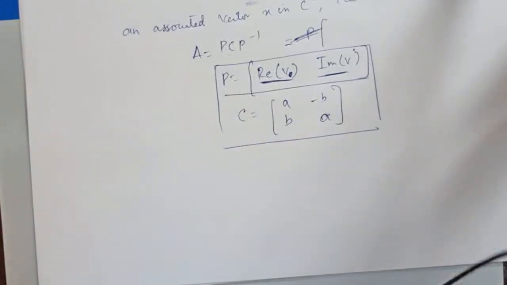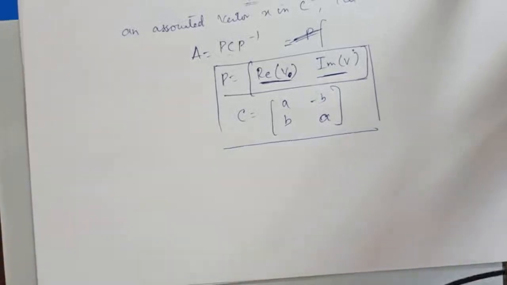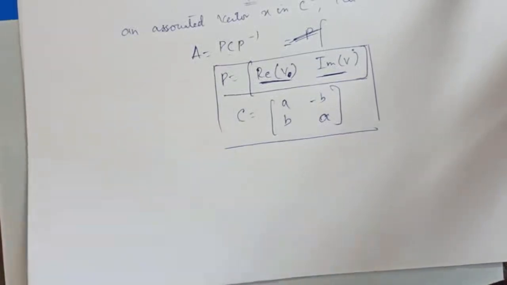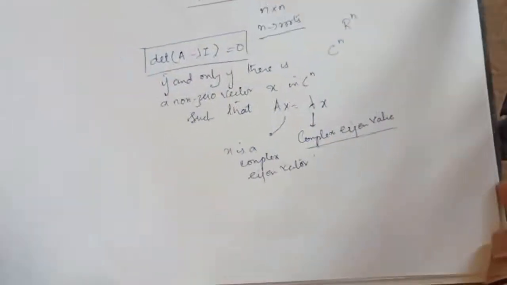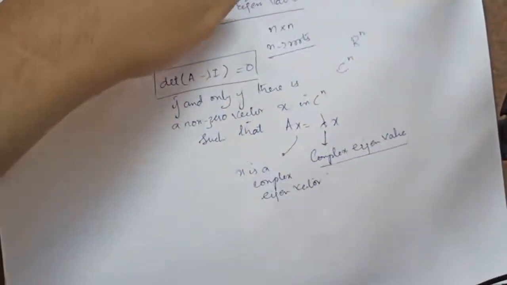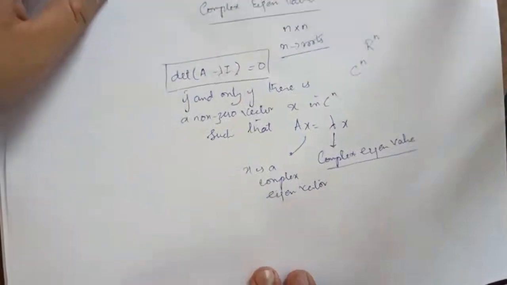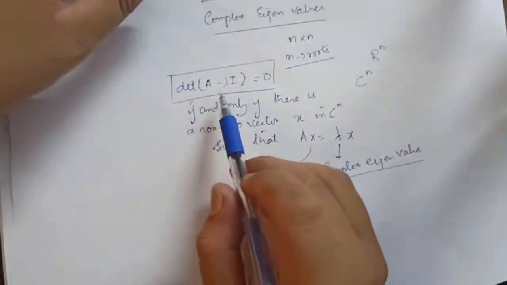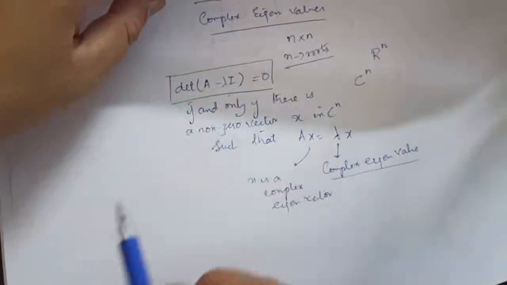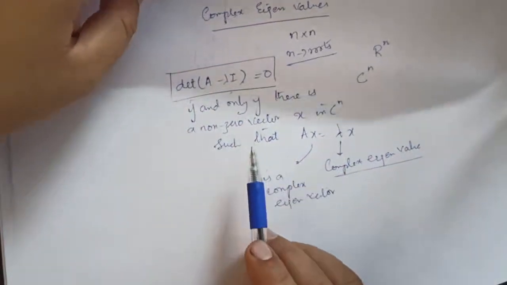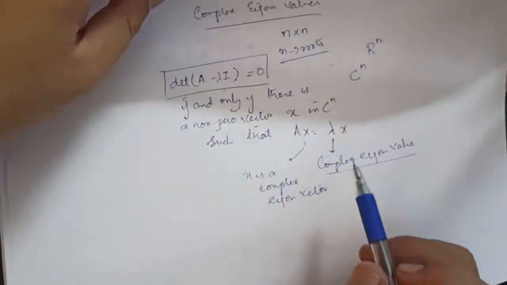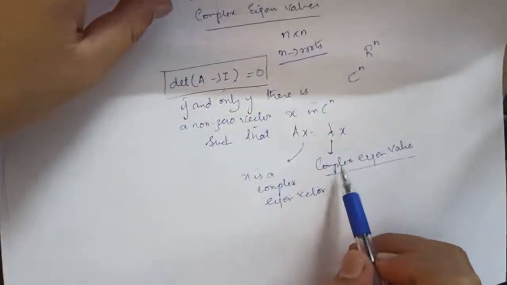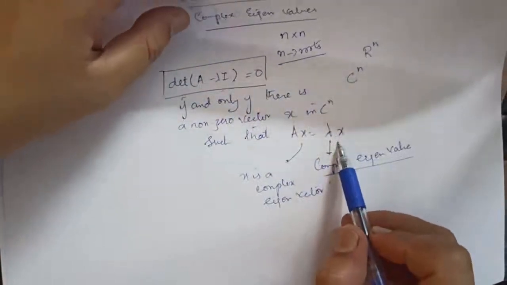I think the discussion here was about complex eigenvalues, and we know that they have the same method of calculation as in the case of real eigenvalues, so that you have to find the determinant of A minus lambda I equals 0, and here lambda is the complex eigenvalue, and x is correspondingly the complex eigenvector.